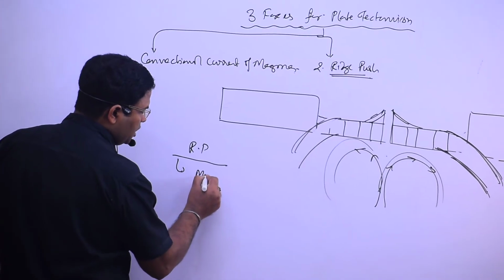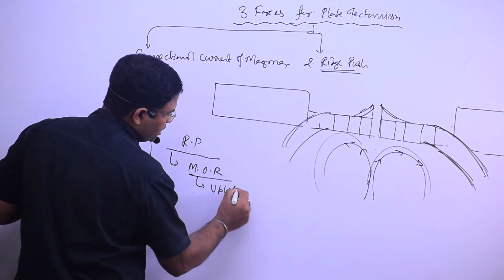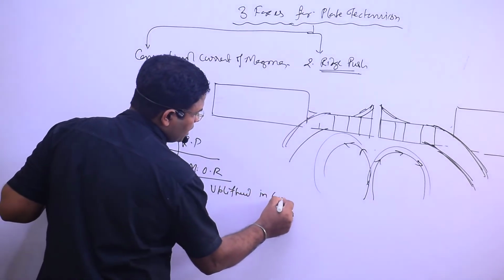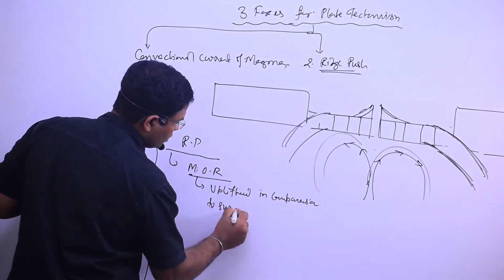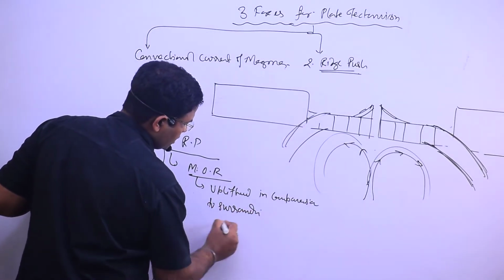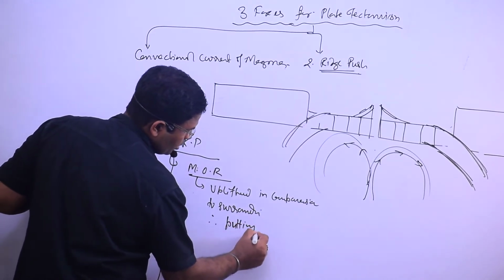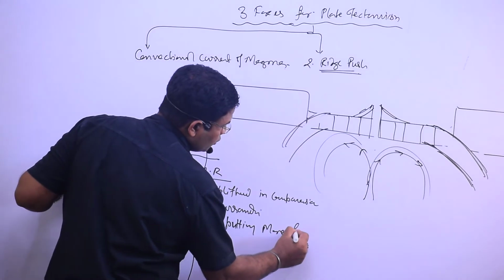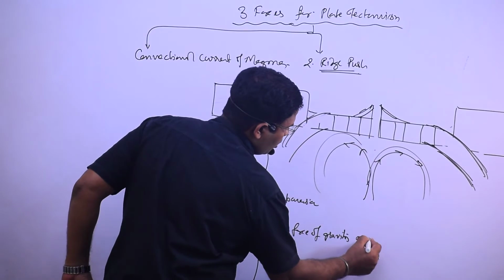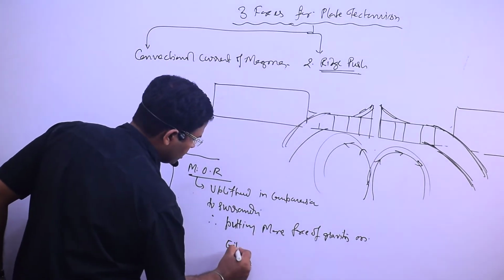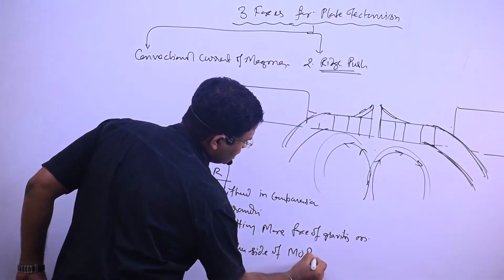I said that the mid-oceanic ridge is uplifted in comparison to the surroundings, therefore putting more force of gravity on either side of the mid-oceanic ridge.